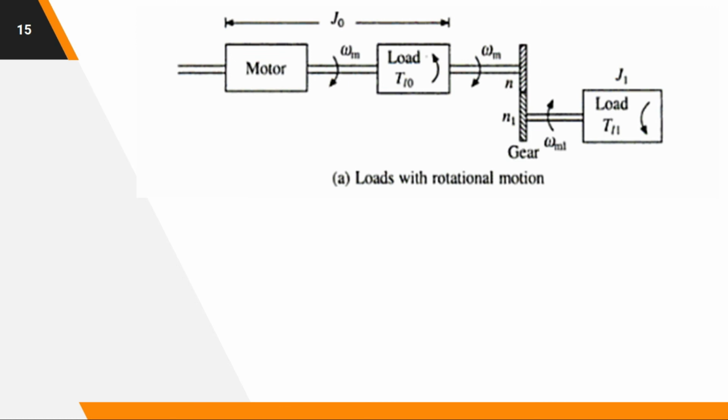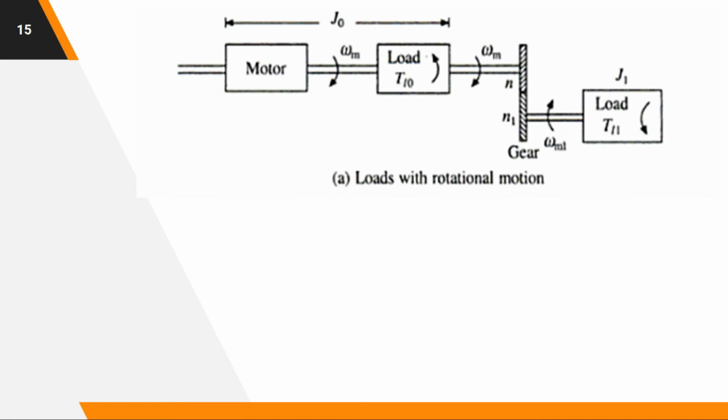Let the moment of inertia of the motor and the load directly coupled to its shaft be J0. This load is directly coupled to the motor, that's why we consider this notation as moment of inertia J0. The motor speed will be omega m, therefore the first load, which is directly coupled, also has the speed omega m. The load torque we will consider as TL0, and the motor torque will be capital T.